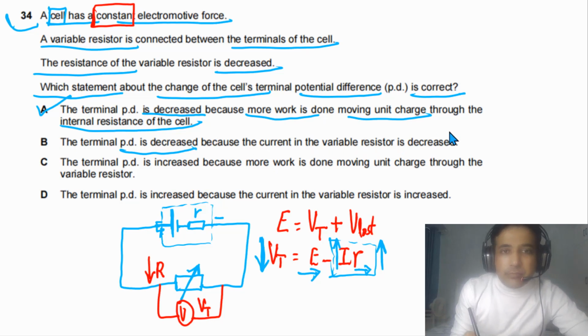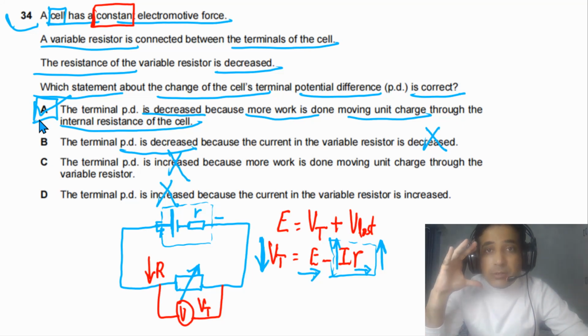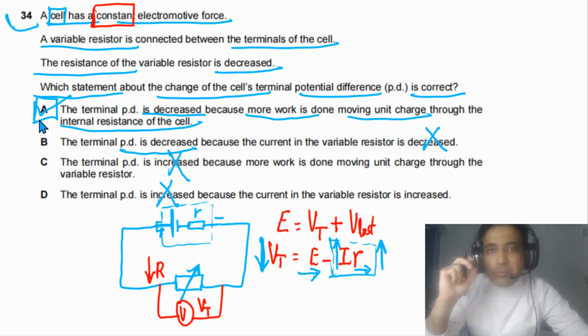No, the current in the variable resistor increased, so this is incorrect. The terminal PD increased? No, the terminal PD decreased. The terminal PD has decreased in this case. So the answer for this question is A. A very nice question and a typical type of question. You need to understand how to deal with this type of problem.